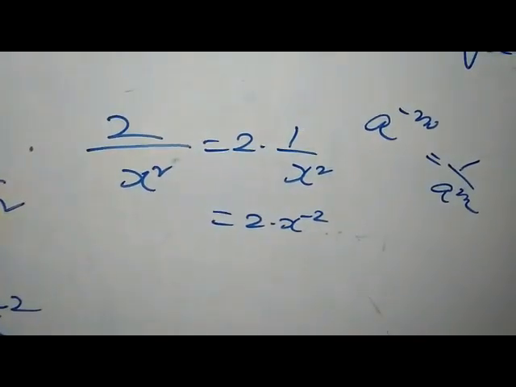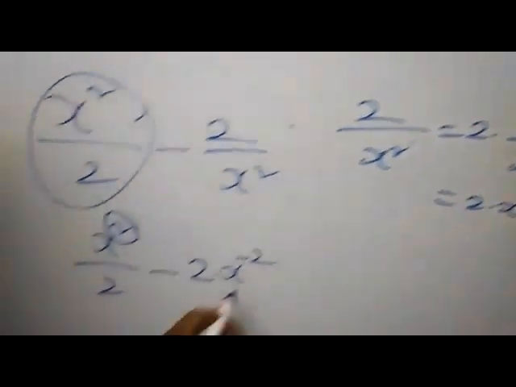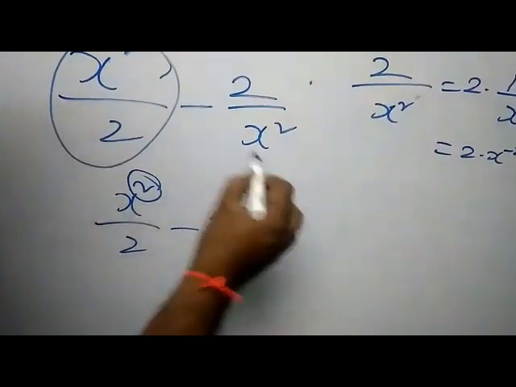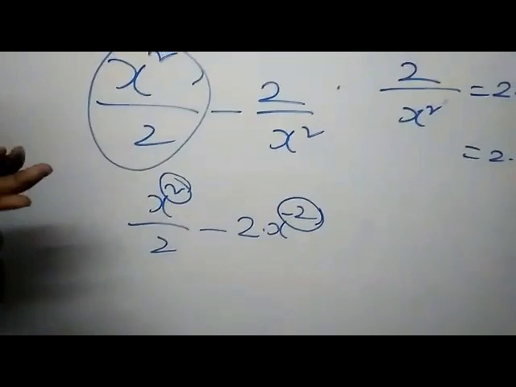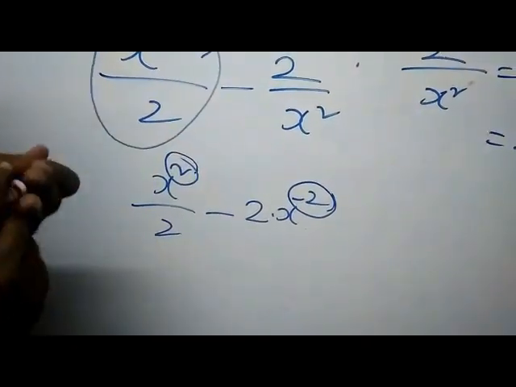Here the power of the variable is 2. Okay, it is a whole number. Coming to this term, the power of the variable is not a whole number. That's why it is not a polynomial. Coming to the third one, very, very important third one.